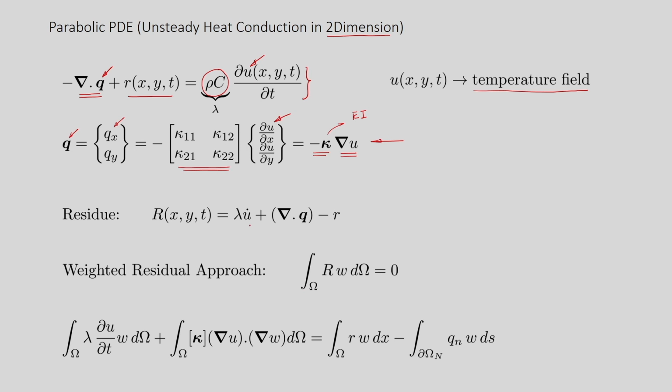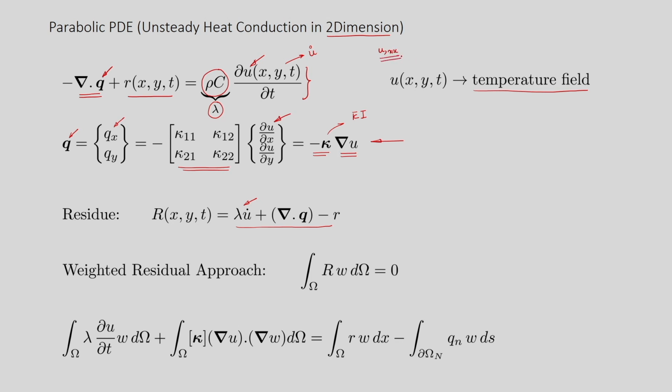We will first obtain the residue. So, for the problem in hand, the right hand side minus the left hand side gives rise to lambda times u dot. Here rho into C has been denoted as lambda, and del u del t is represented as u dot. So, the time derivative will be represented with a dot and the spatial derivative will be represented with a subscript, suppose u comma xx.